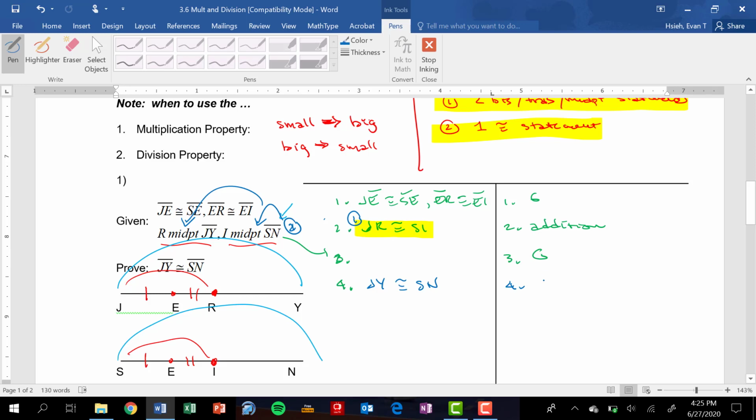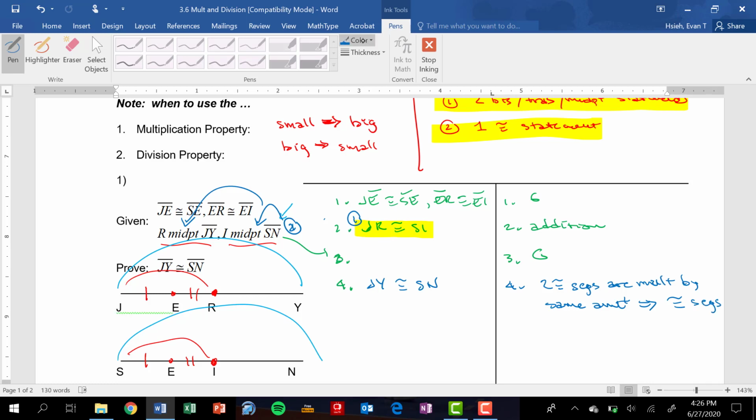If two congruent segments are multiplied by the same amount, in this case we're multiplying by a factor of 2, then you're going to end up with congruent segments.